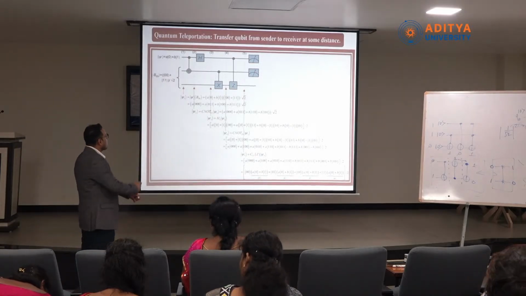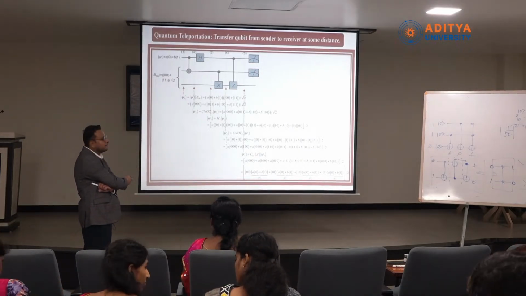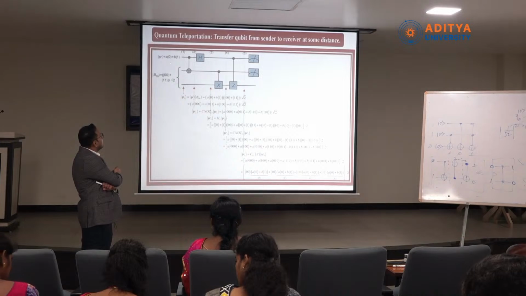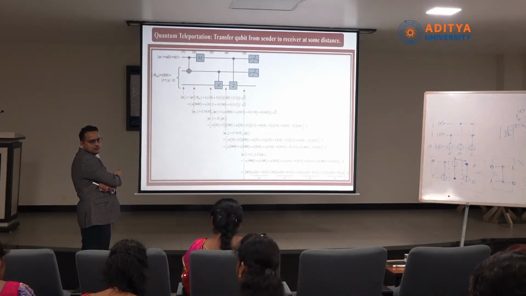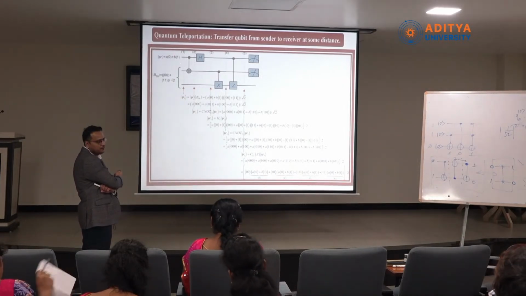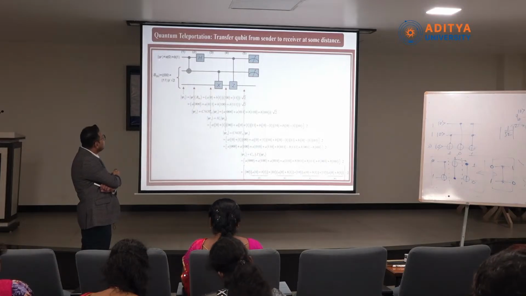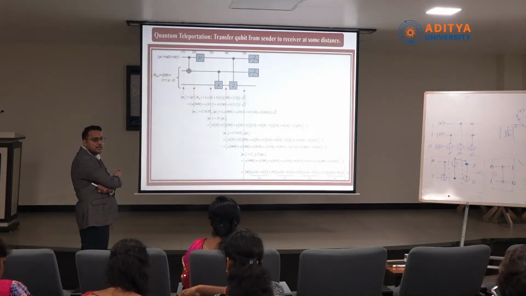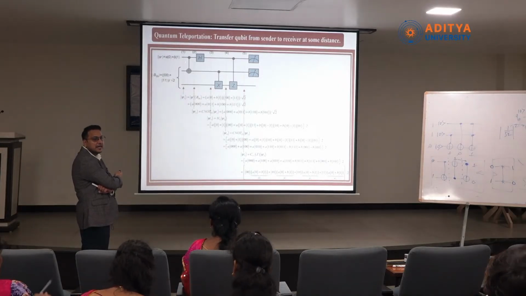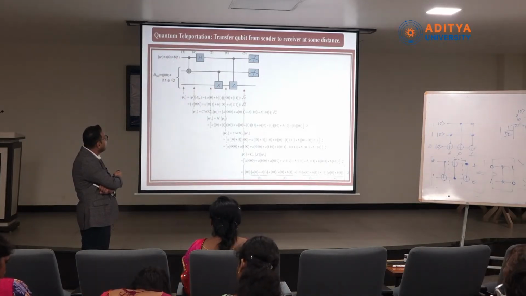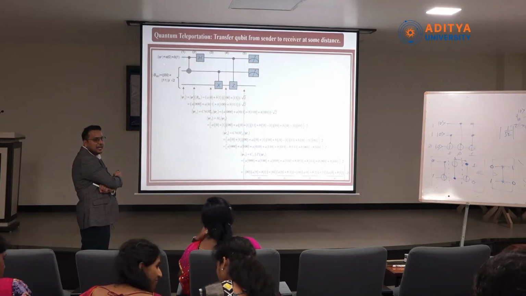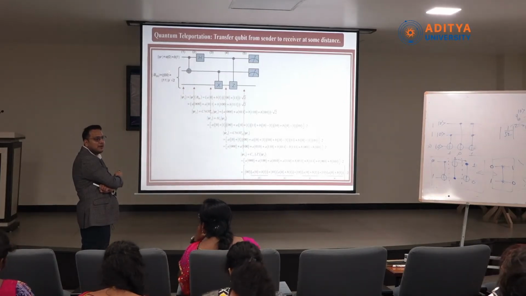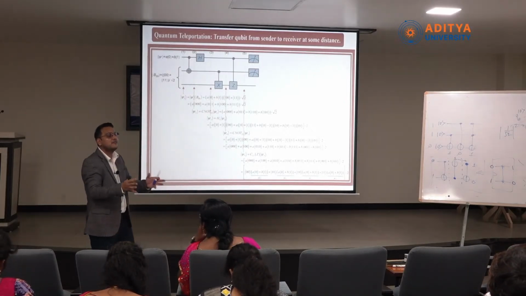Now, understand. The first wire of the sender, the first qubit, has been initialized to the psi state. Psi state means it's an arbitrary, random quantum state, where alpha and beta, being probability amplitudes, have not been defined yet.